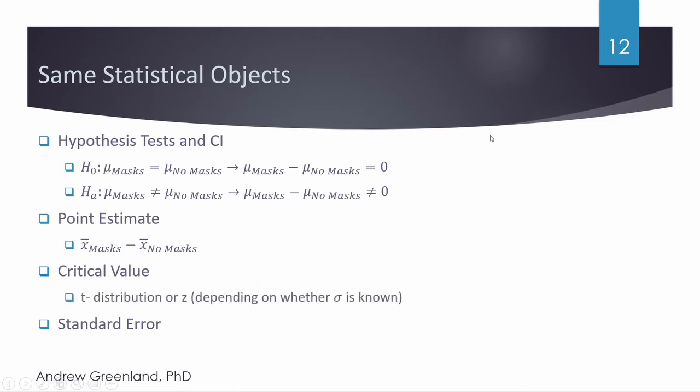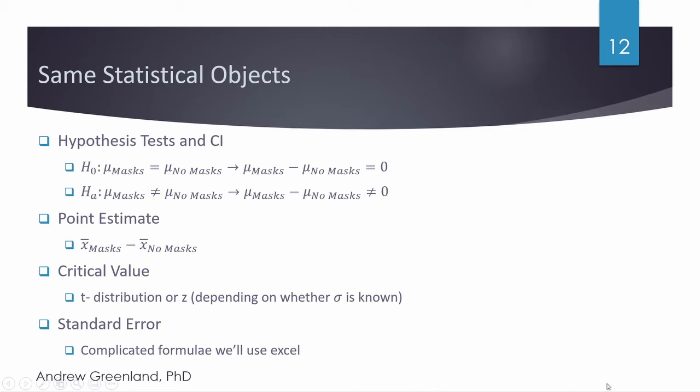Now, in terms of our critical value here, what we're going to do is rely on the exact same intuition we did before, which is that if the population standard deviation is known, then our critical values are going to come from a z distribution. Alternatively, if they're unknown, they're going to come from a t distribution. The standard error here in the situation where we're dealing with two populations is actually a rather unfriendly looking formula, depending on your assumptions about these population standard deviations.